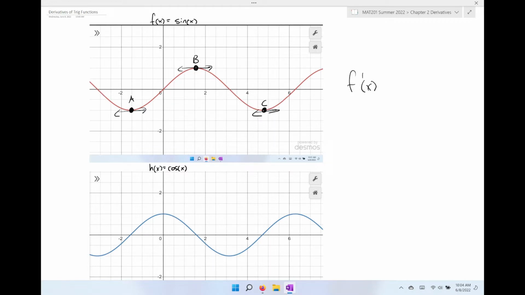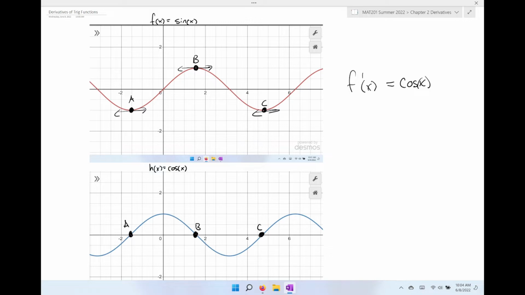Well, it just so happens that if you come straight down, notice that you have every single one of those points on the x-axis of the cosine curve, which goes to show you that the derivative of sine x is equal to cosine x.